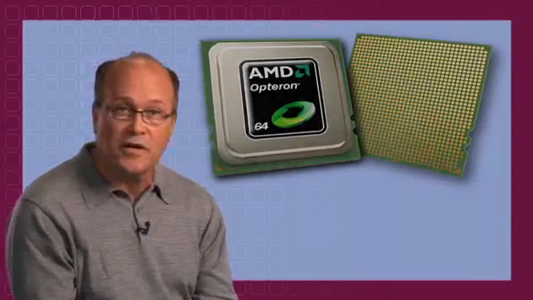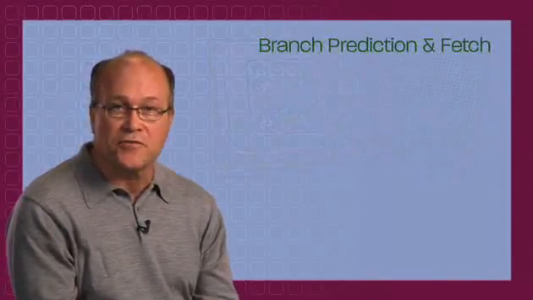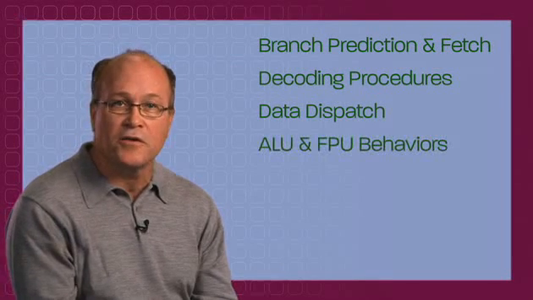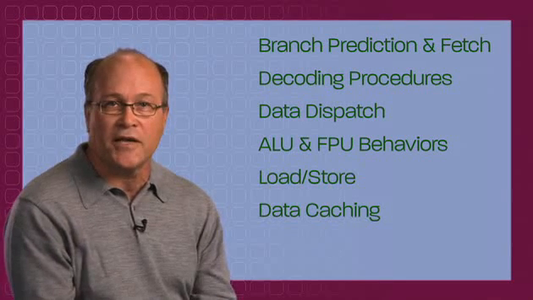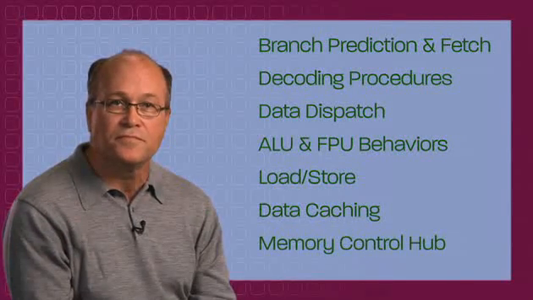The subjects we'll be covering, after an overview of microarchitecture, are branch prediction, decoding procedures, data dispatch, ALU and FPU behaviors. We'll examine load store and data caching and finish up with the operation of the memory control hub.